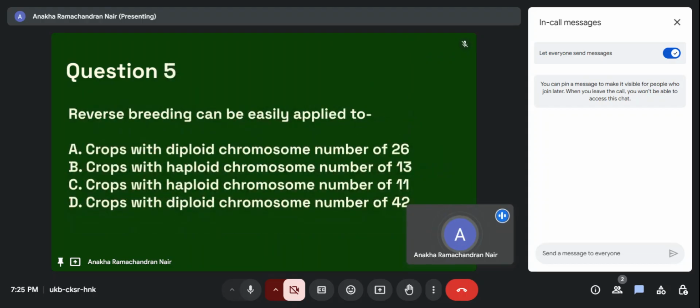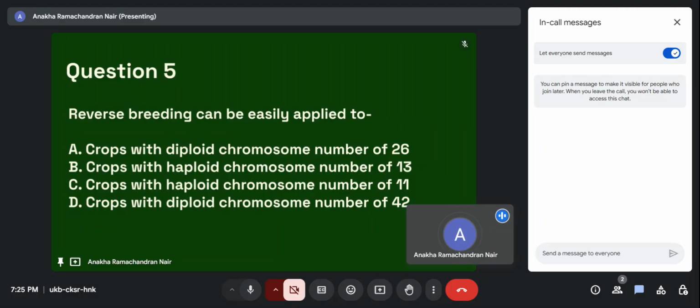So question number 5 is: reverse breeding can be easily applied to, and the options are: option A is crops with diploid chromosome number of 26. Option B is crops with haploid chromosome number of 13. Option C is crops with haploid chromosome number of 11.